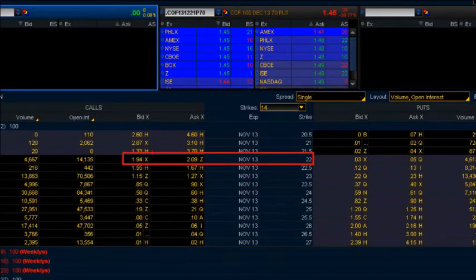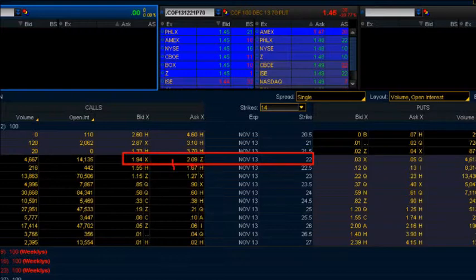We have a bid price, we have an ask price. Whenever we're buying or selling these options, in general, we are going to be buying on the ask and selling on the bid. Sure, we can set a limit order in there and pick this up maybe for $2.